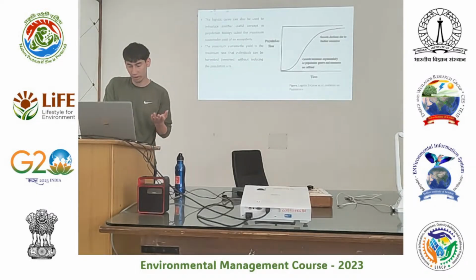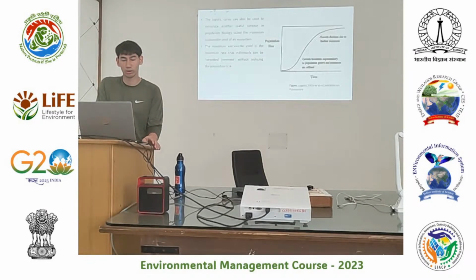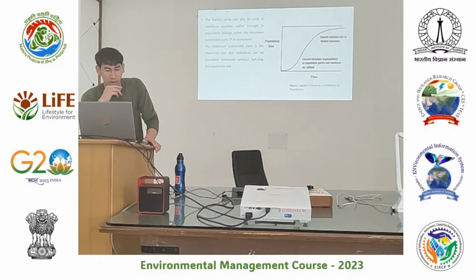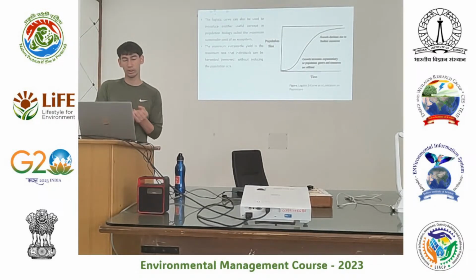Then second, we have logistic growth modeling. The logistic curve can also be used to introduce another useful concept in population biology, the maximum sustainable yield of an ecosystem. Now, maximum sustainable yield is the maximum rate at which individuals can be harvested or removed without reducing the population size.